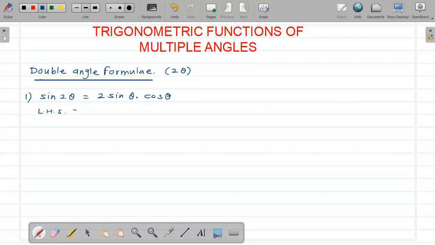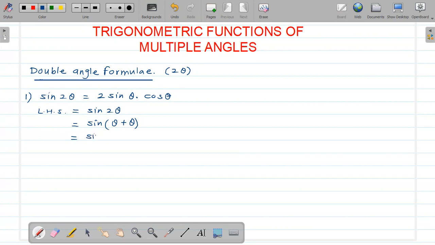So we will take the LHS, that is sine 2 theta. Now sine 2 theta can be expressed as sine of theta plus theta. Here also we are going to use the compound angle formula. Our base is the compound angle formula. So if I express sine 2 theta as sine of theta plus theta, then I will use the sine A plus B formula.